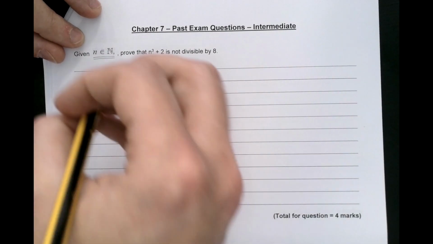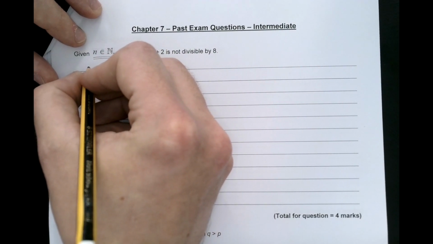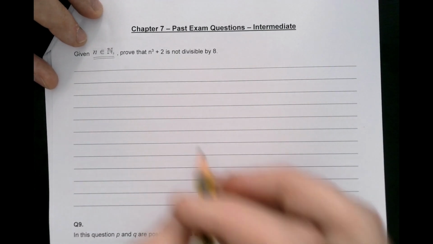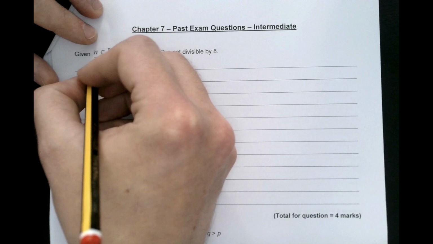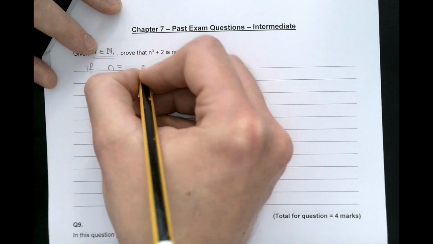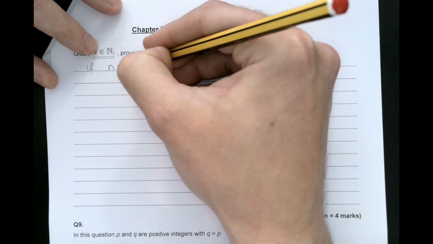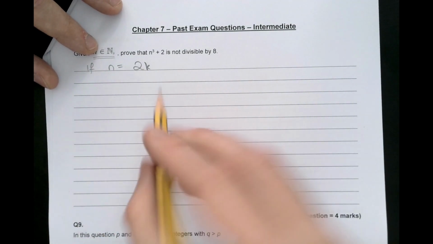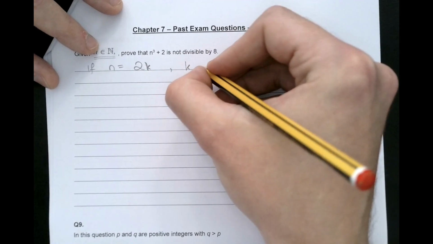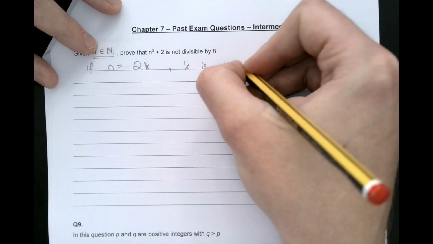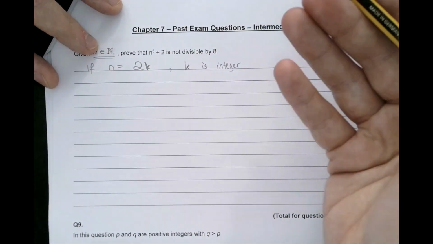You should firstly consider splitting the numbers into odd numbers and even numbers. So for this one, if n is a natural number, what if n is even? I can't use n as my letter here, so I'm going to use k: 2k, where k is an integer, so n is even.